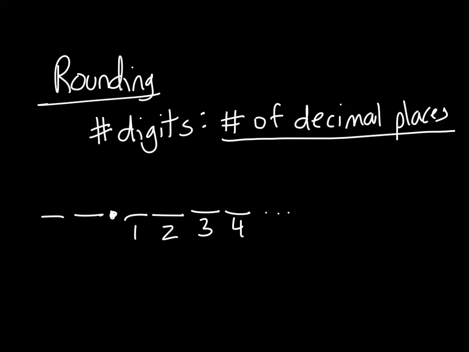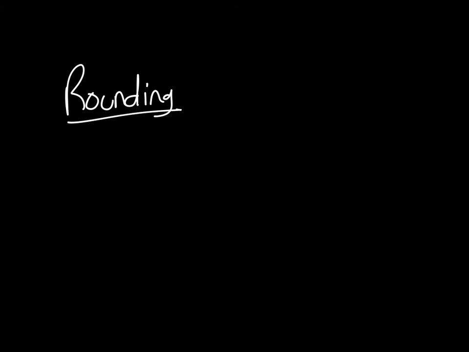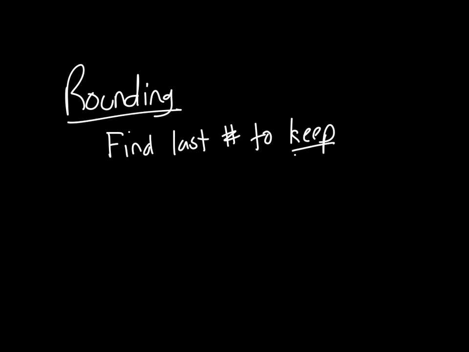So then the next thing we have to do is figure out what to do with those numbers. Okay, so when you're rounding, the first thing you do is find the last decimal place that you're going to keep. Find the last number to keep. This is the one you're going to write down, but we have to decide what we're going to do with it first. So the first thing we have to do is find it.